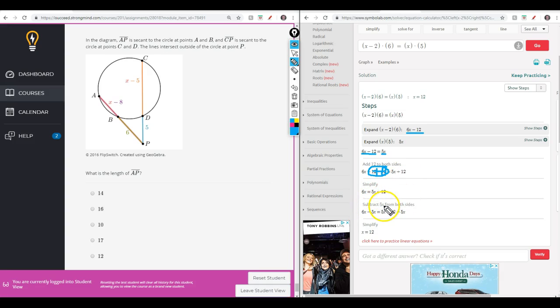So then we're going to subtract 5x from both sides. And again, this 5x minus 5x reduces down to 0x, and 0 times x would just be 0. And 12 plus 0 is just 12, so that's where they get this. 6x minus 5x reduces down to 1x, and again, that 1 is always implied in math. So x is equal to 12.